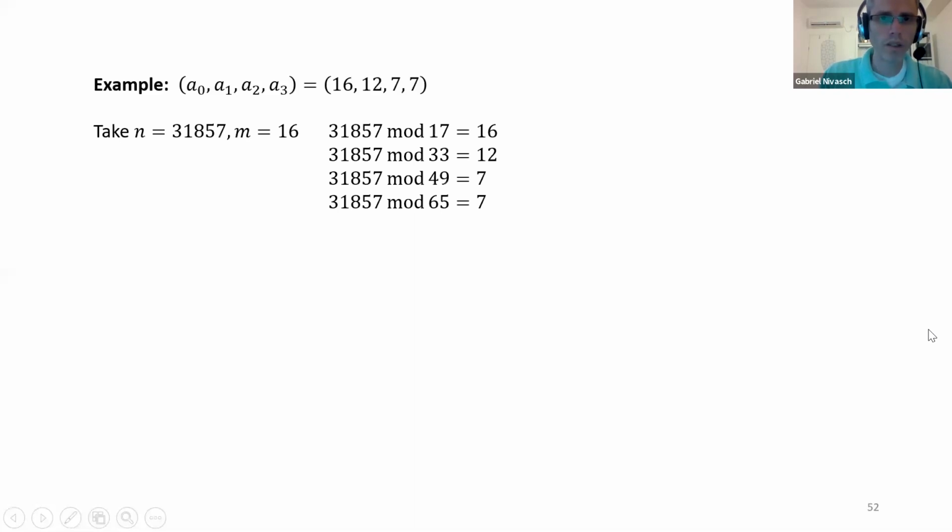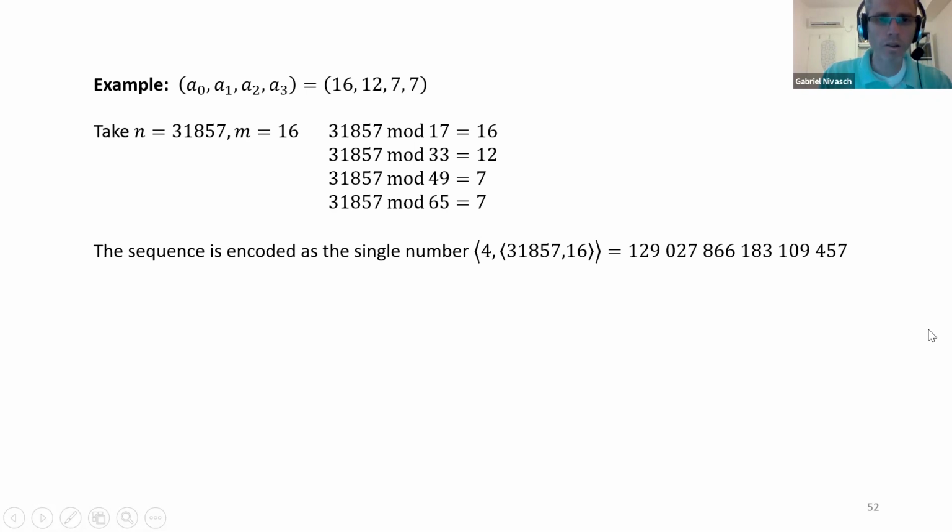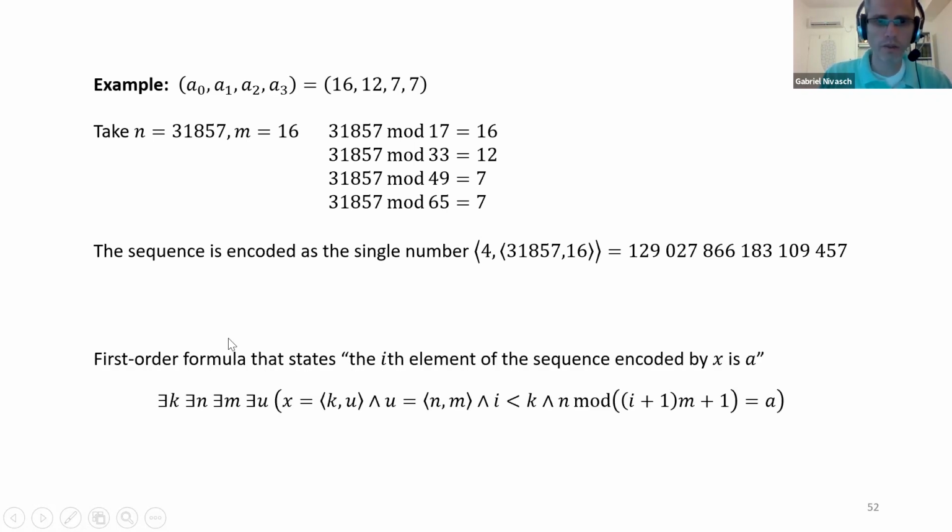Then you can do it this way, and this huge single number encodes this sequence of length 4. And this is a first order formula that says that the ith element of the sequence encoded by number x is a. Okay, so you can do arbitrary length finite sequences in first order arithmetic.